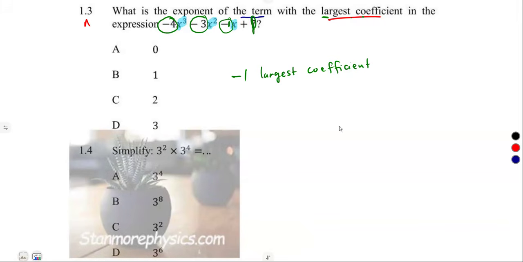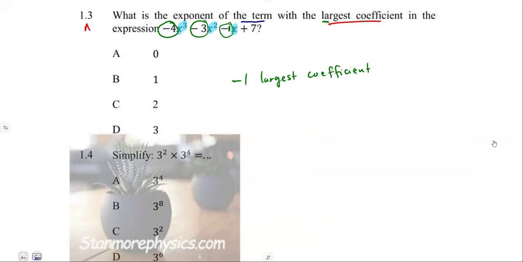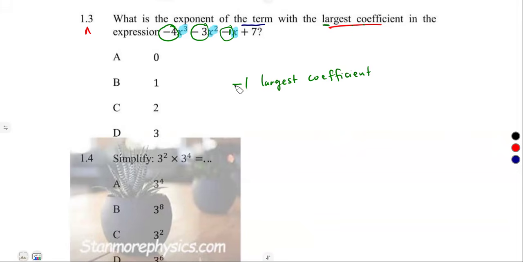We do not have a variable. It's just a constant, not a coefficient. So this is the largest coefficient from the variables, minus 1. But our question is not about the largest coefficient. It's about the exponent of the term with the largest coefficient.